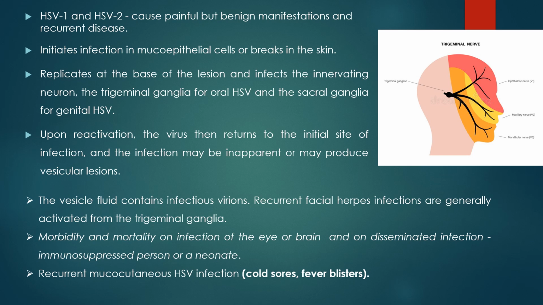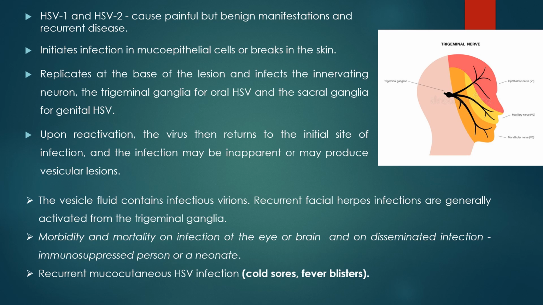Upon reactivation, the virus then returns to the initial site of infection, and the infection may be inapparent or may produce vesicular lesions. The vesicle fluid contains infectious virions. Recurrent facial herpes infections are generally activated from the trigeminal ganglia.